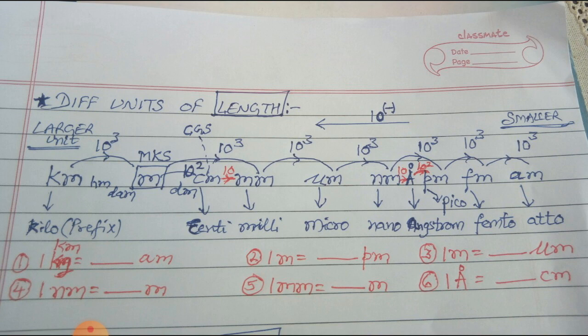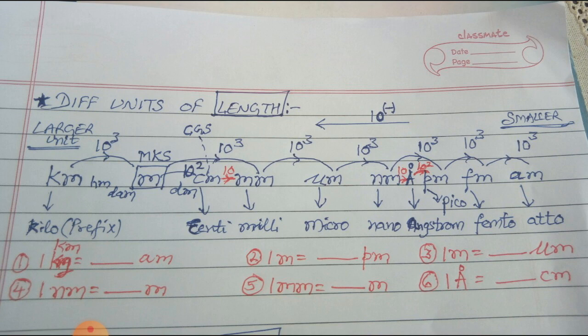When you go from a smaller unit to a larger unit, say for instance from am or from fm towards meter or towards kilometer, that will always be 10 raised to minus. Say for example, 1 millimeter, 1 mm equal to dash meter.